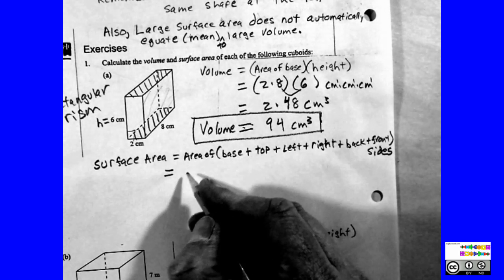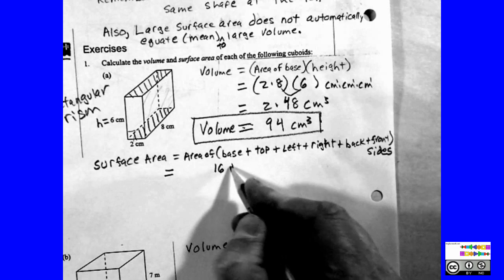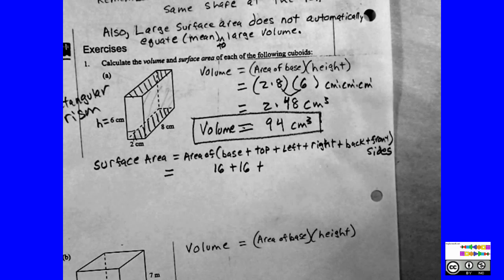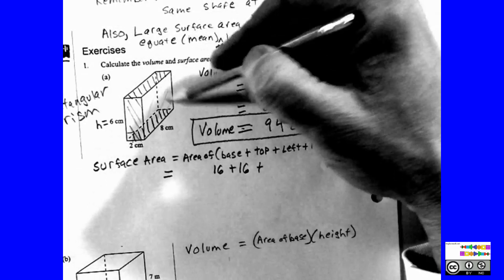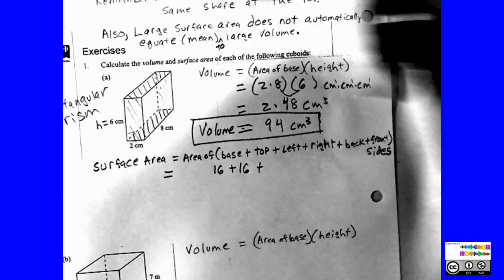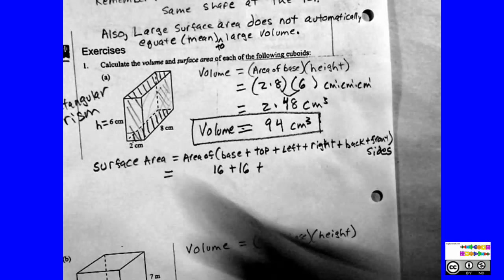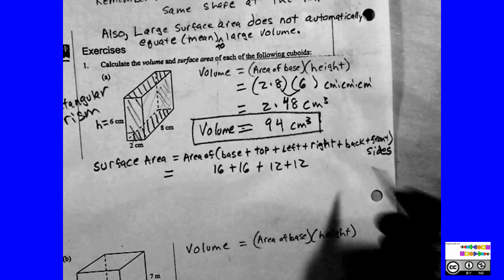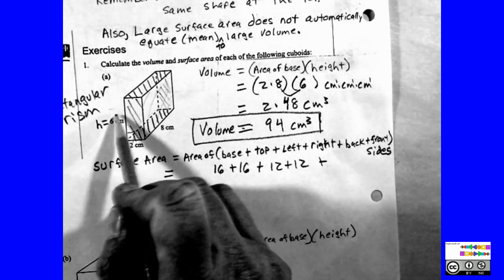So 2 times 8 is 16, plus the top is 16, plus the left side is right here, and the right side's over there. This is 2 by 6, so that's 12 plus 12, they're the same, plus the back and the front.